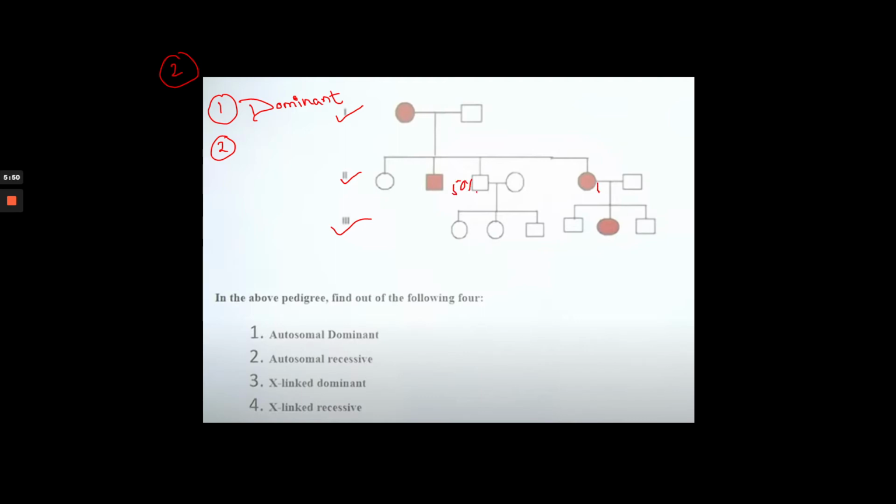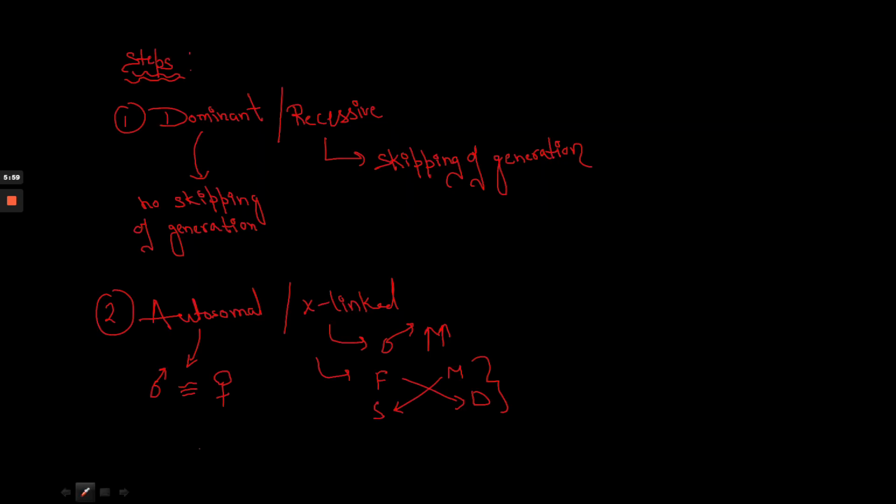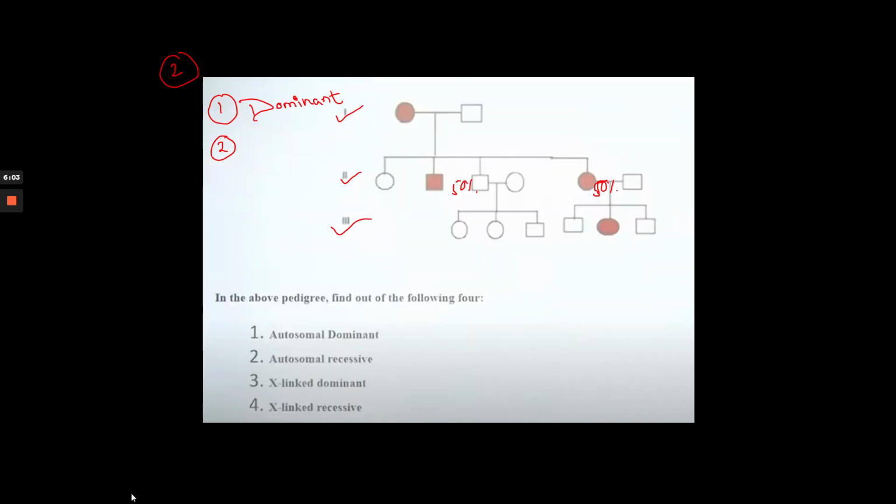So in this generation you can say one male and one female is affected, so it is 50-50% case. And the 50-50% case we have talked about happens in your autosomal type of inheritance pattern, right? So it has to be autosomal. So this will be your correct answer. It is showing autosomal dominant inheritance pattern.